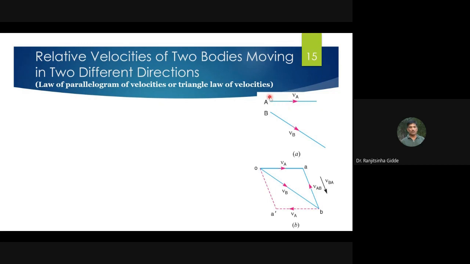A is moving in this direction, body B is moving in this direction. What is this VB? This is absolute velocity of body B, VA, absolute velocity of body A. Draw this diagram and keep some space on the left hand side.